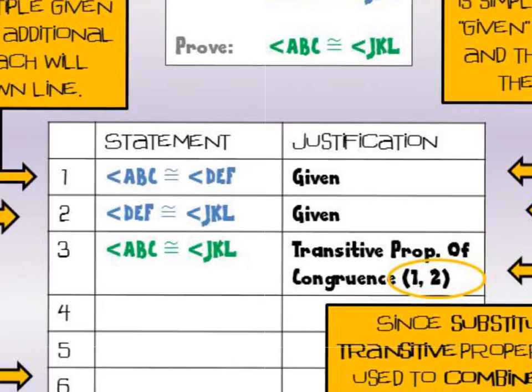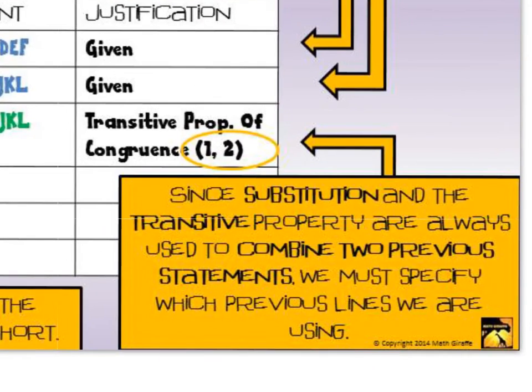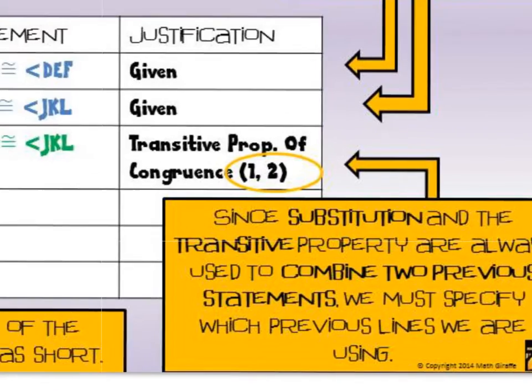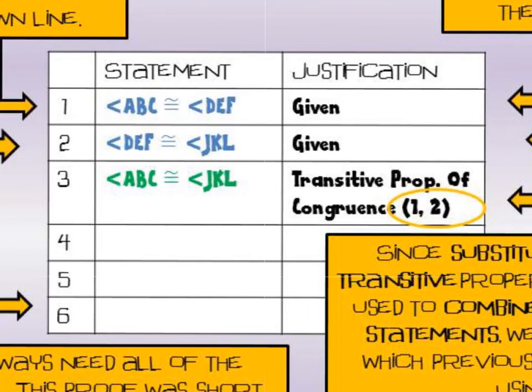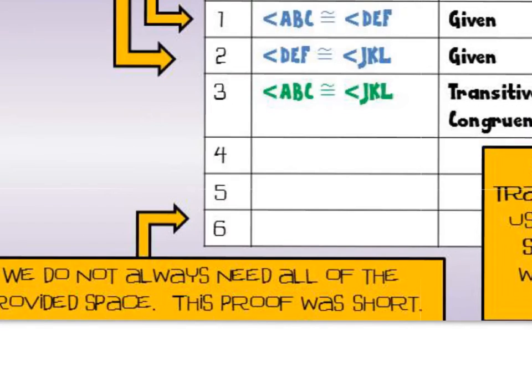And 1 and 2, the reason that we specify that, since substitution and the transitive property are always used to combine two previous statements, they want to specify which lines you're using. So we're using information from lines 1 and 2 to make a new statement because we're combining these two. You do not, of course, need all of that space there, so you would just leave it blank.